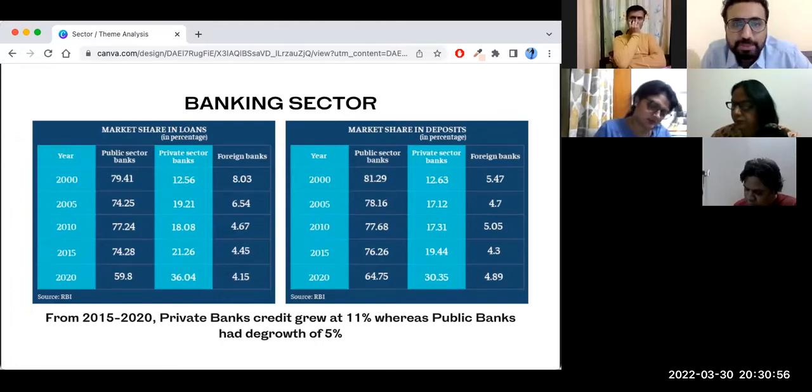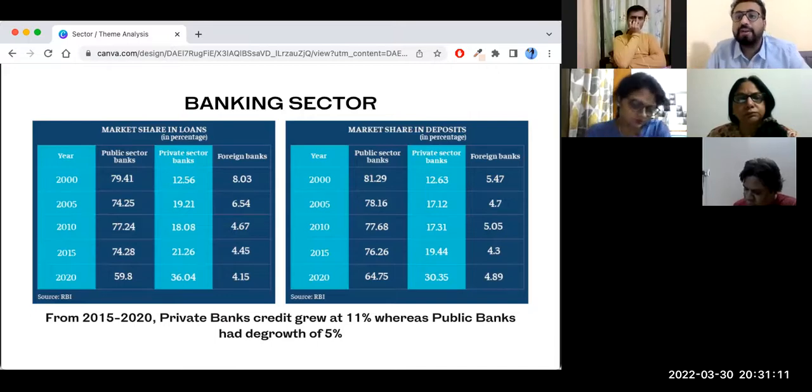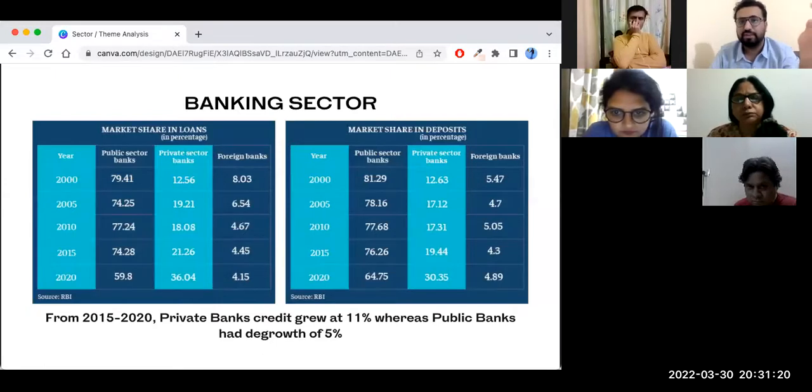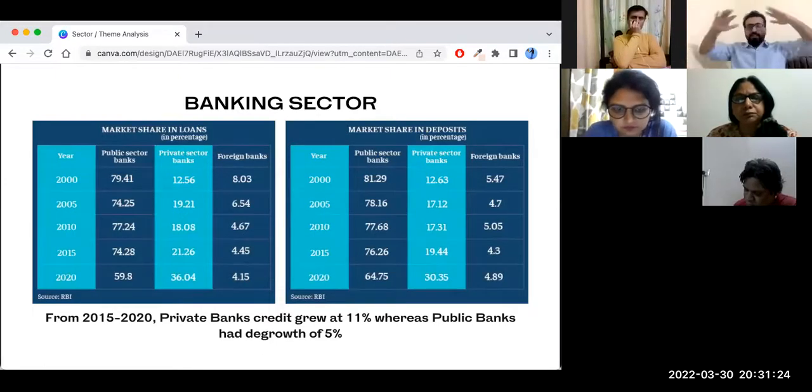Specifically, on credit growth, private banks have had a credit growth of 11%, whereas public banks have had a degrowth, a decline, of 5% in the last five years, 2015 to 2020. So the average banking sector growth was around 3.5%.